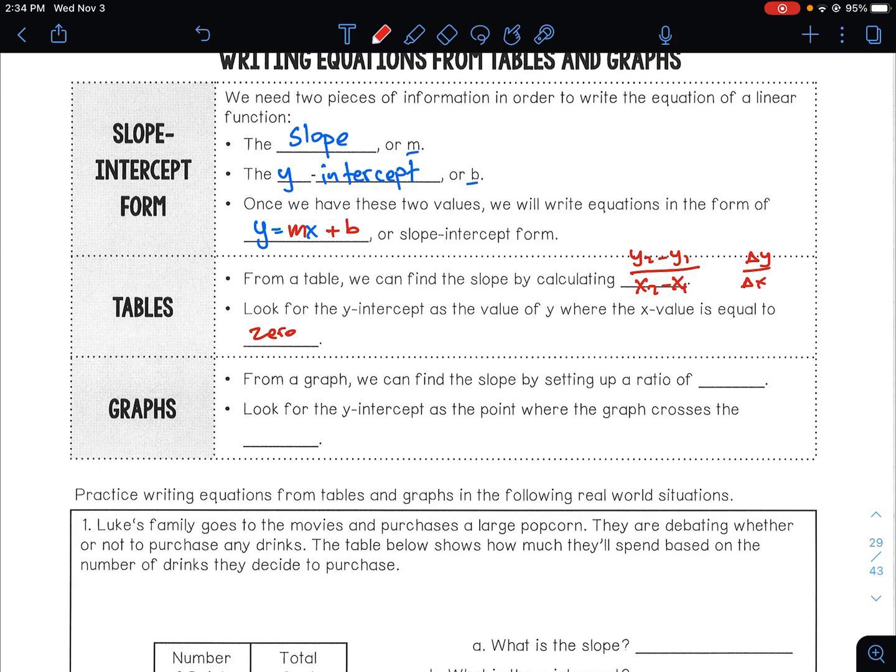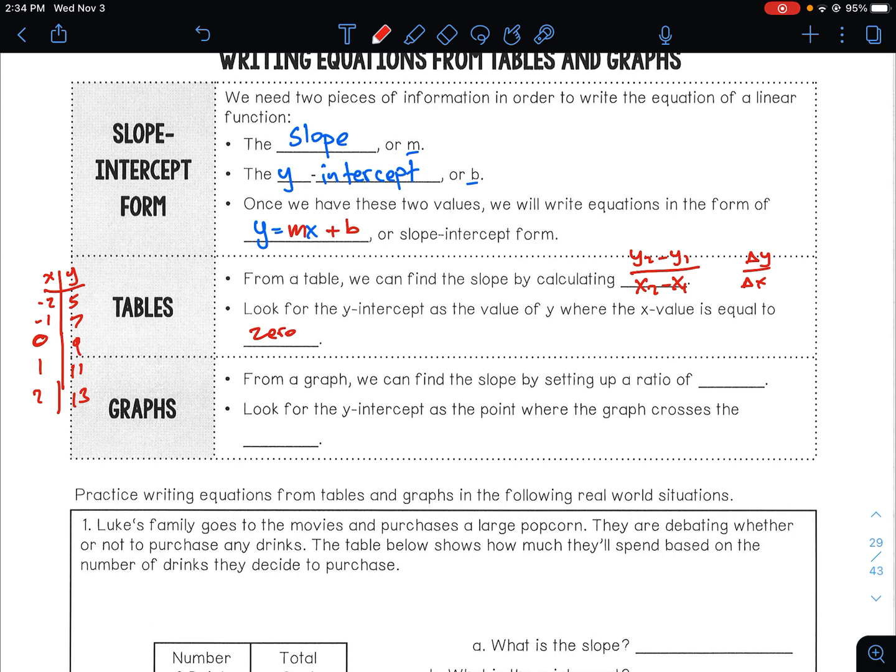So if you're given a table of values, this is x and this is y, whatever each one happens to represent. It says -2 is 5, -1 is 7, 0 is 9, 1 is 11, and 2 is 13.